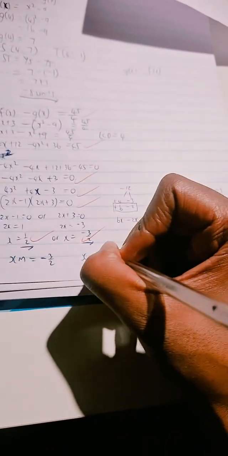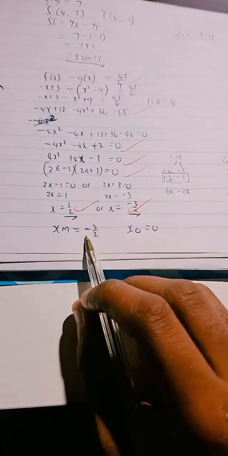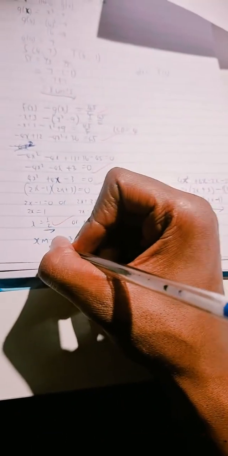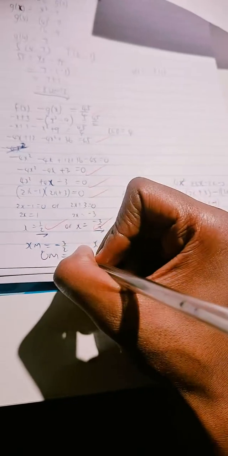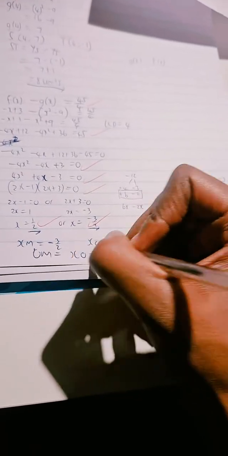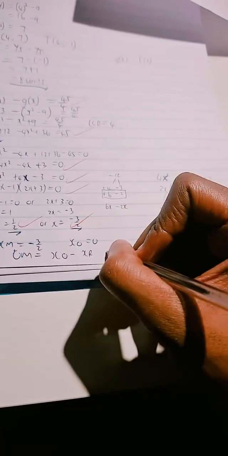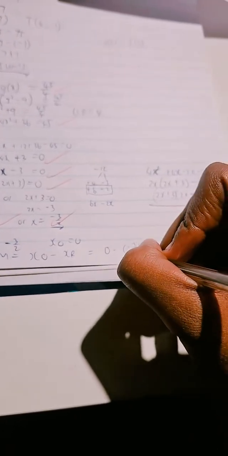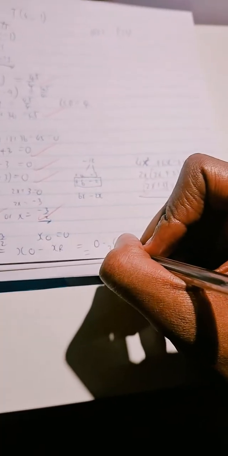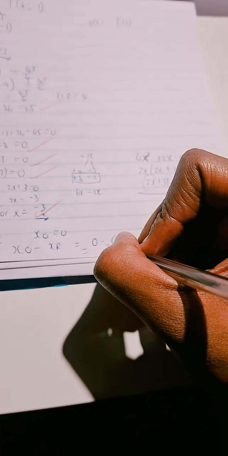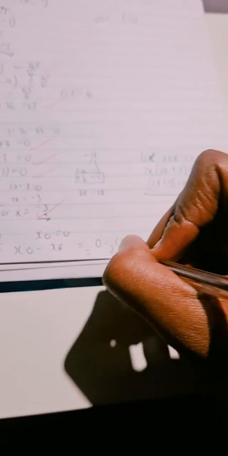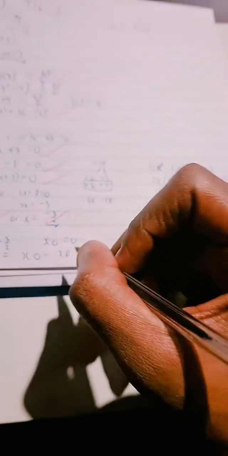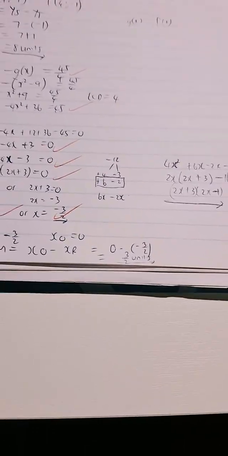So now we have the x coordinate of O, which is 0. We have the x coordinate of M. We want OM. So we say x coordinate of O minus the x coordinate of M. That gives us 0 minus negative 3 over 2, which is actually 3 over 2 units. This is like 1,5 units. So that's the distance of OM.